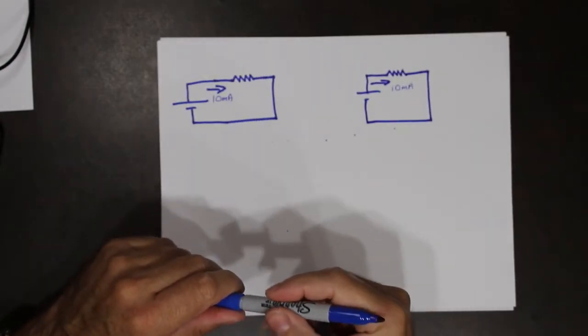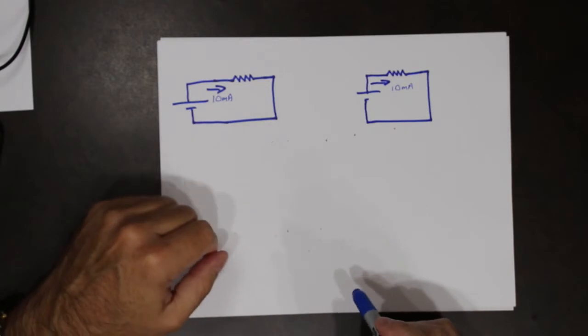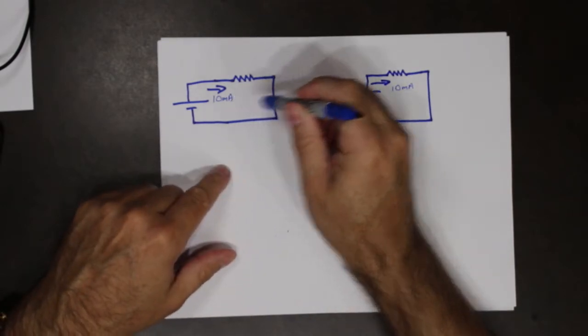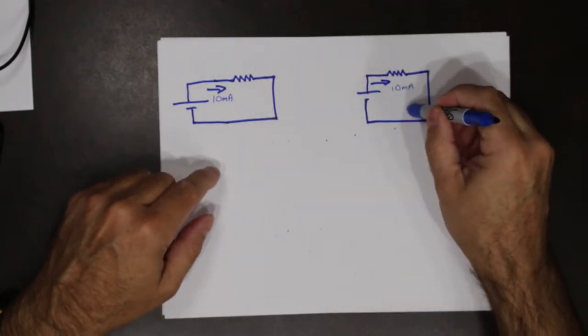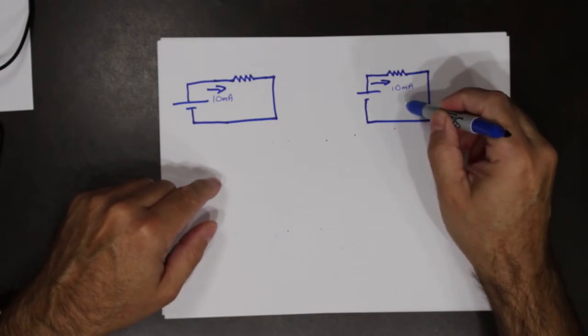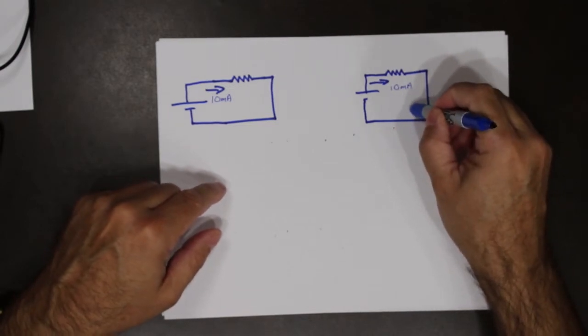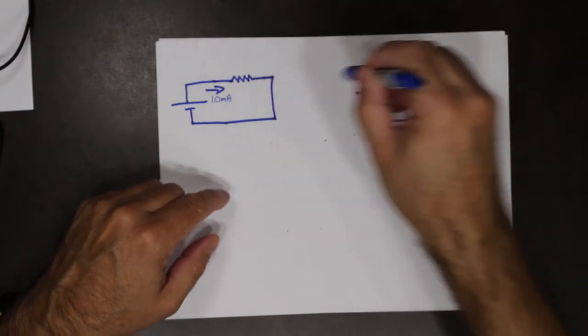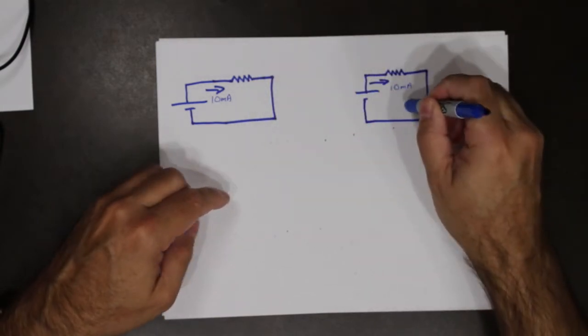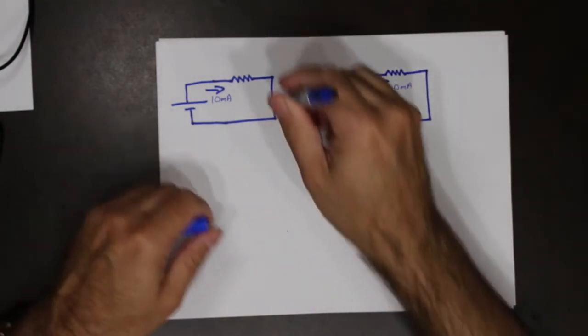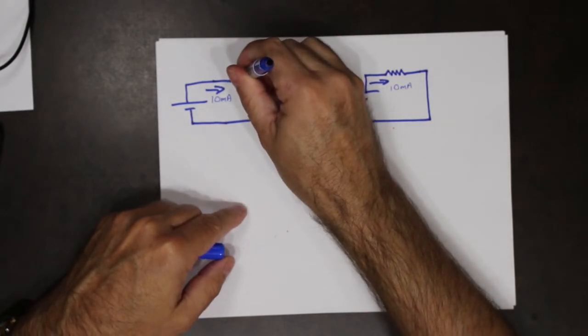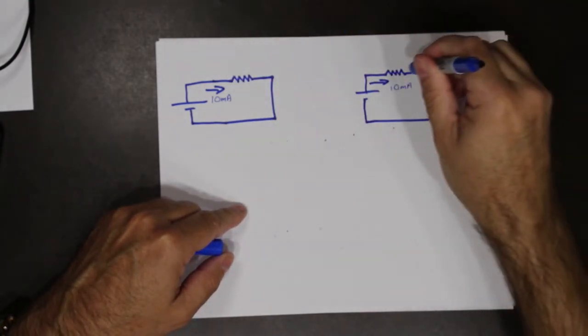Those resistors are not in series. Just because the current through them is the same value does not mean they are in series. So sharing the same current means that the electrons that are flowing through this one also flow through this one.